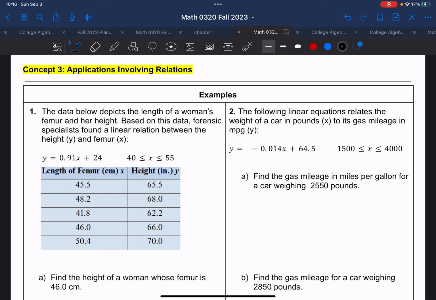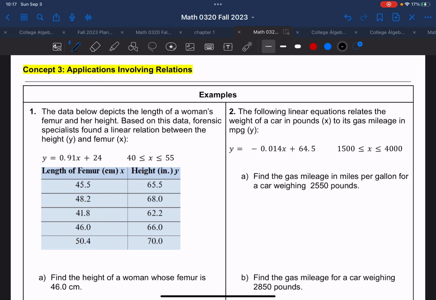Looking at example 1, it says the data below depicts the length of a woman's femur and her height. Based on this data, forensic specialists found a linear relation between the height y and the femur x. The relation is given by y is equal to 0.91x plus 24, and the domain for these x's is 40 is less than or equal to x, less than or equal to 55.